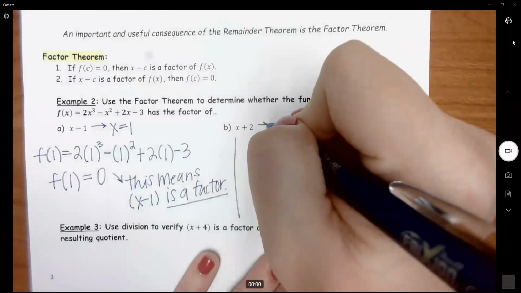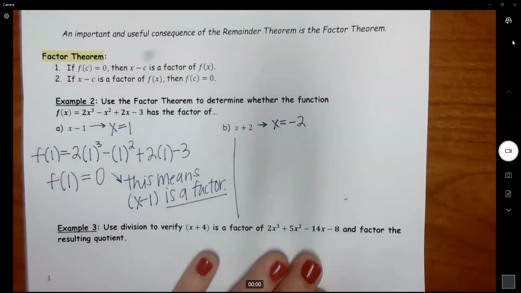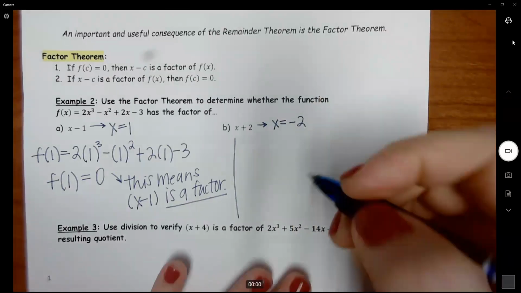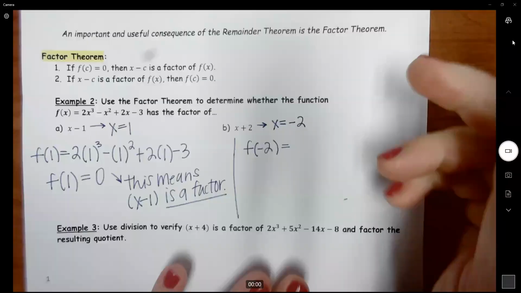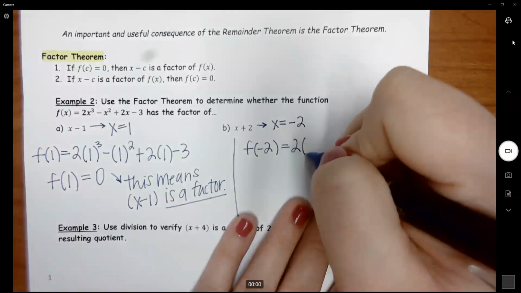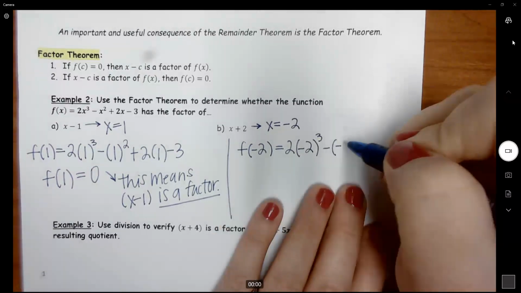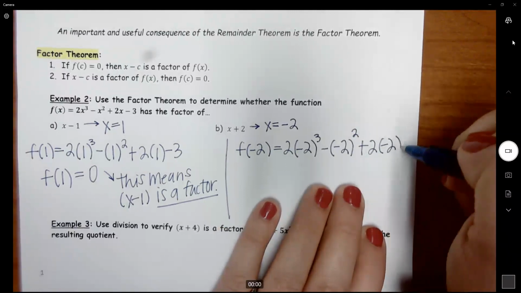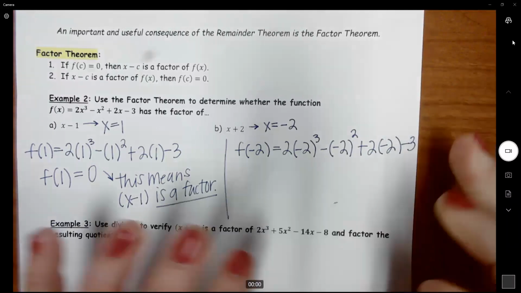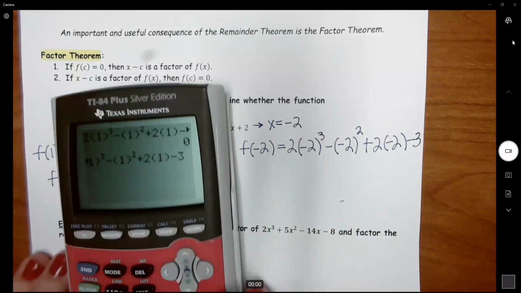So now here, x plus 2 means that we are looking to see if it has a 0 at negative 2. And so now we need to do f of negative 2. And so now I'm going to replace everything with a negative 2. I'm going to go up here and edit and change these negative 1s to negative 2s.